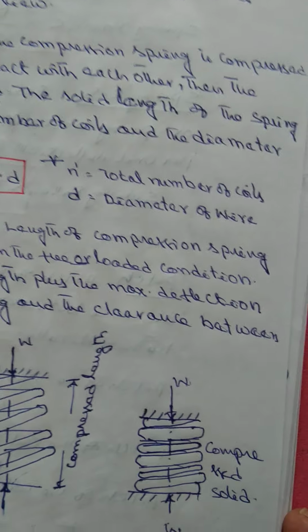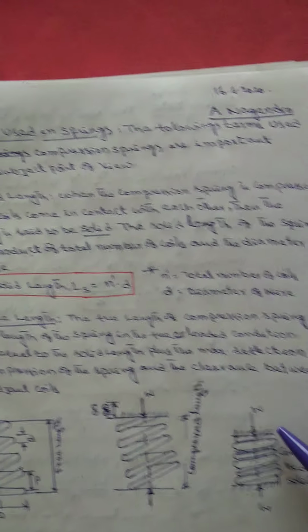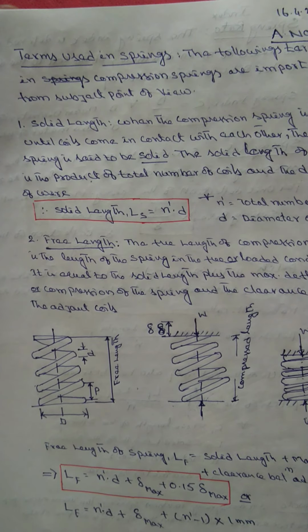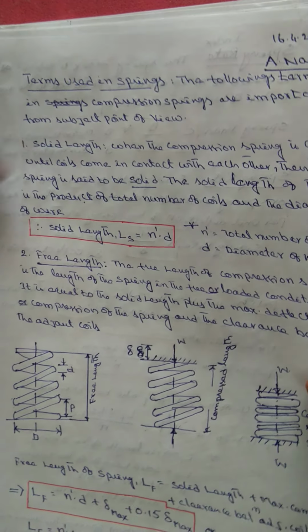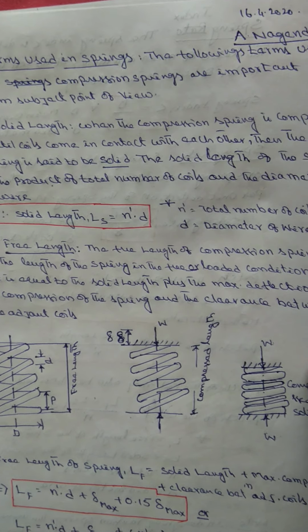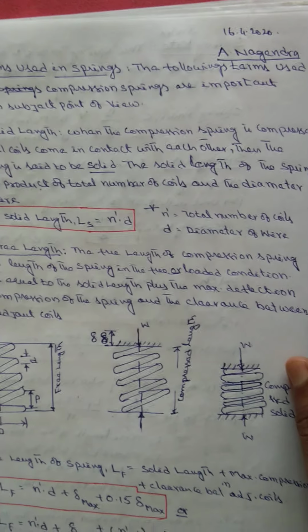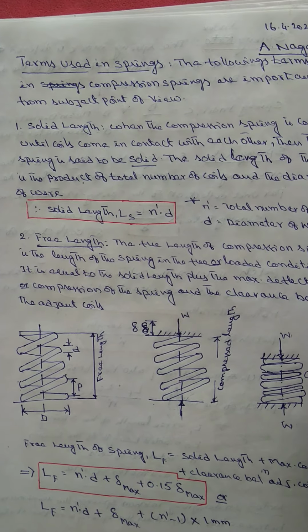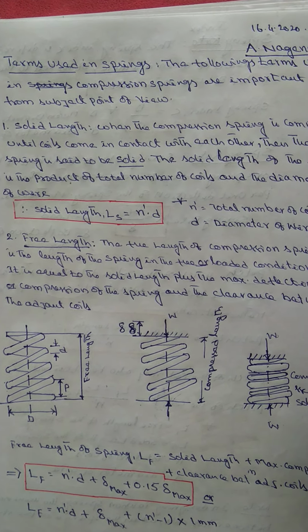Now we will see what terms are used in springs. The following terms are important from the subject point of view for laminated springs: solid length, free length, spring rate, spring index, pitch. All these terms we are going to use. Solid length LS is equal to N dash into D, where N dash is the total number of coils and D is the diameter of the wire.